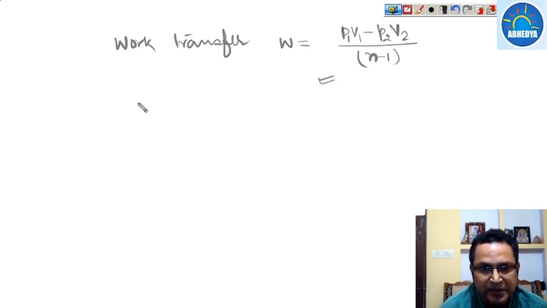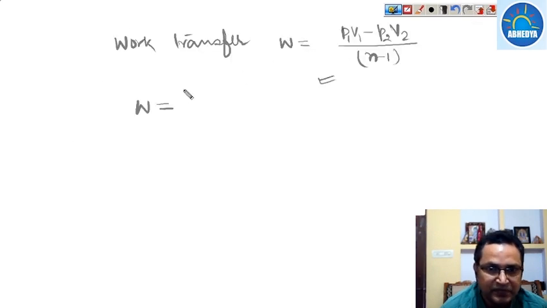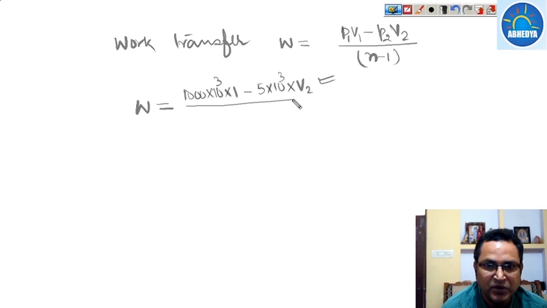So here we can put the values: P1, 1000 kilopascal, V1 is 1, minus P2 is 5 kilopascal into V2, divided by 1.2 minus 1, and the value of V2 is known, we have already calculated. So from here you will get the work done.